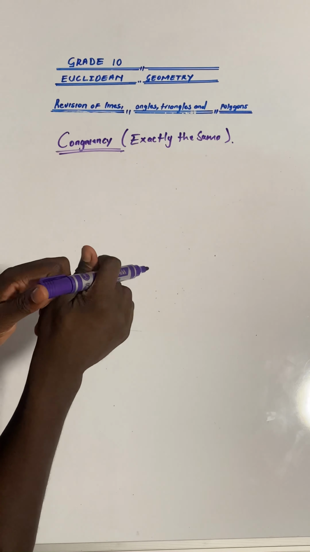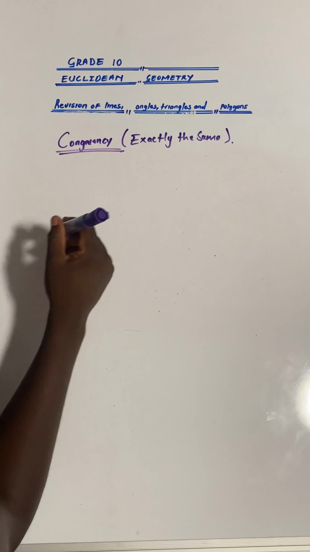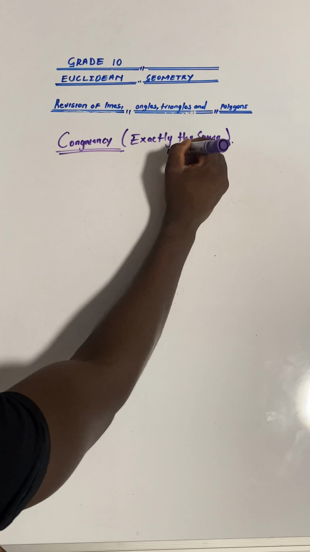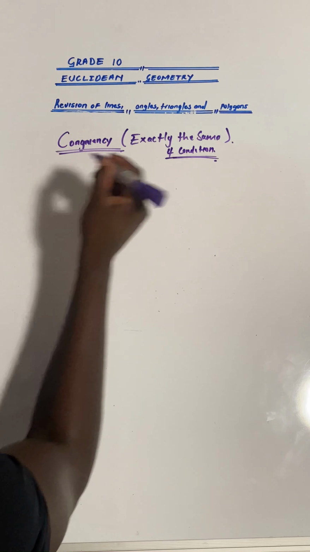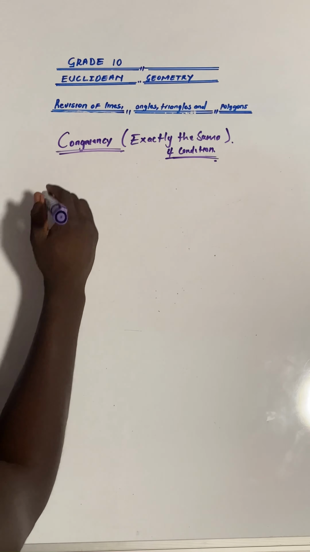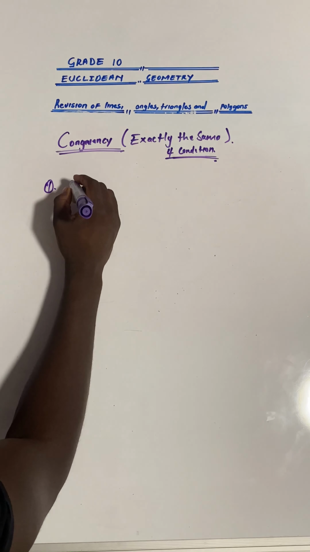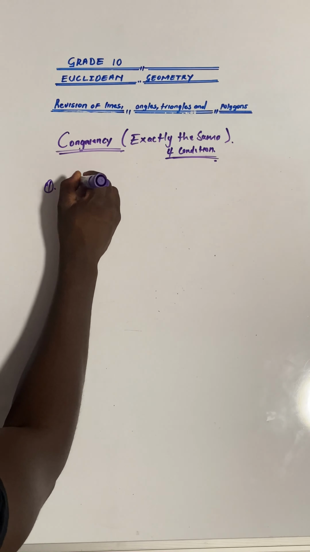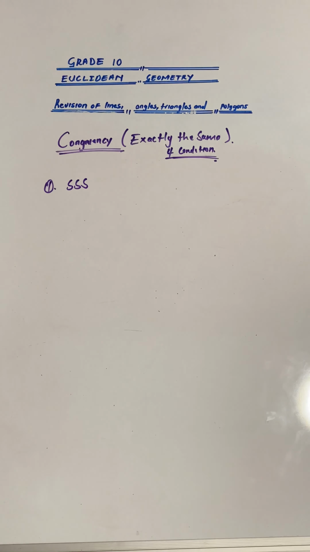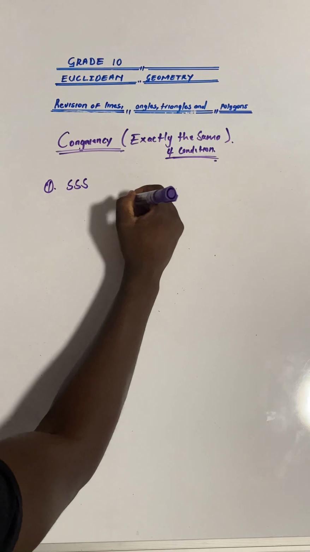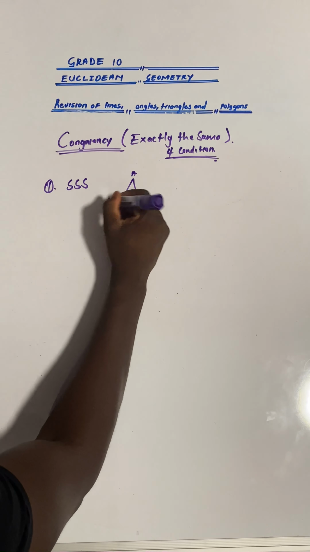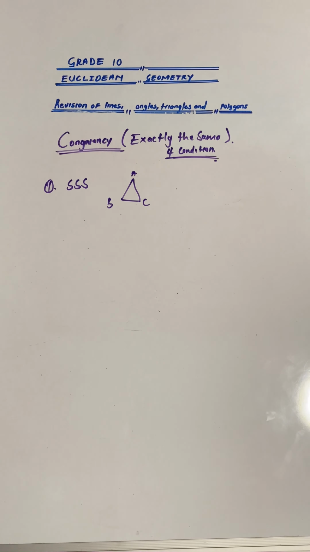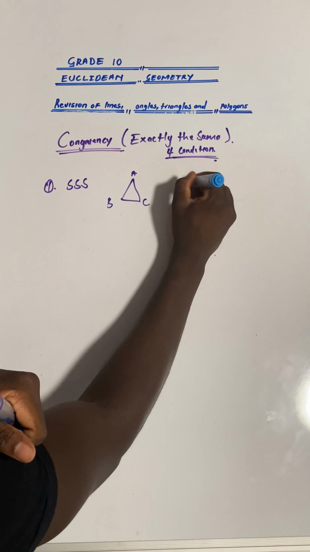Right, okay, so now how many conditions do we have when it comes to congruency? We have 4 conditions. So always know that when it comes to congruency, we have 4 conditions. Now, what is the first condition that we have for congruency? The first one is what? Side, side, side. So what does this side, side, side mean? It means that when we have 2 triangles, this is A, B, C, or maybe let me draw it with a different color.